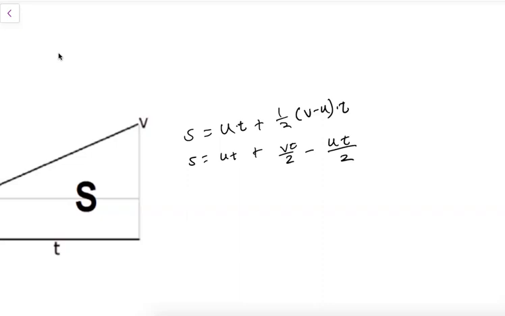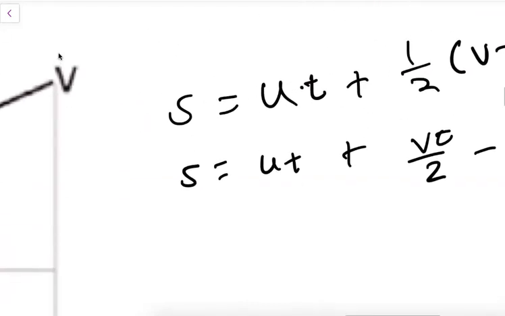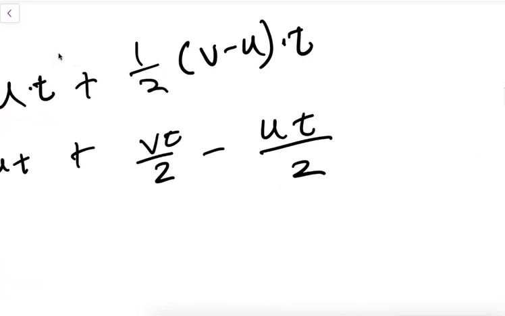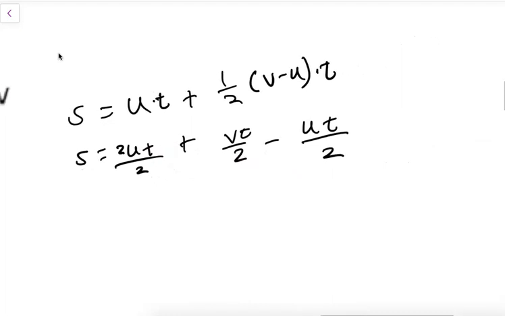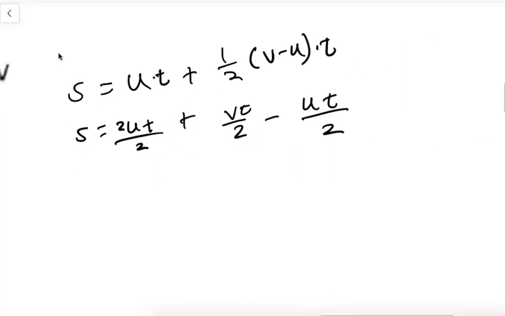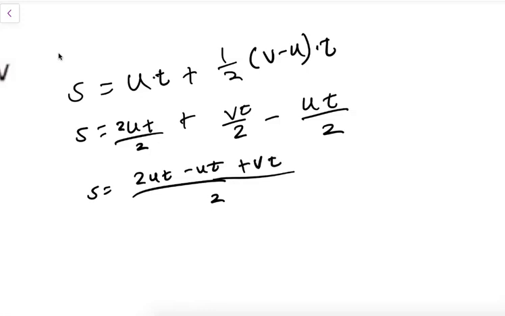So I do see like terms in here. I see a ut right here, and that's like a 1 ut, and I see a 1/2 ut. So if I were to write a 2 and a 2 on the top, 2 ut over 2 is the same as ut. And I can put together my like terms. So I end up with 2 ut minus ut over 2 plus, all of them have a common denominator, plus vt.